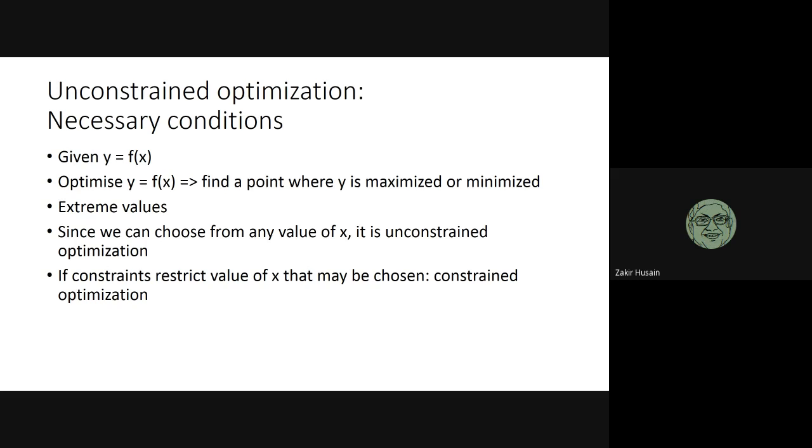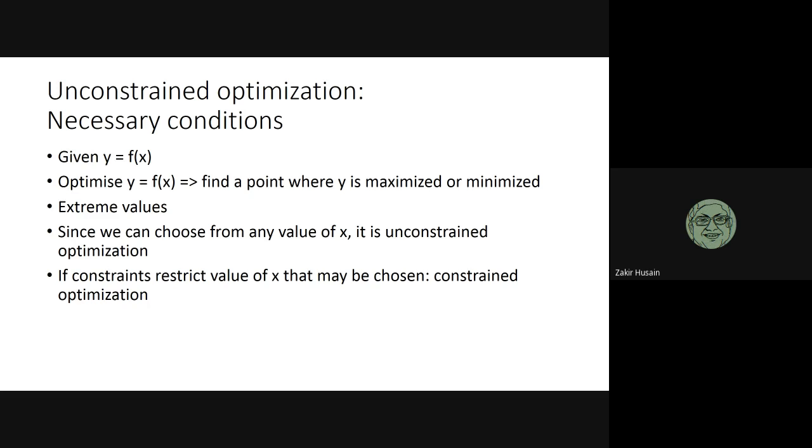Now, we can have two types of situations. One is that we can choose from any value of x. We call this unconstrained optimization. The other situation is when there are certain constraints which restrict the value of x that may be chosen. So I may say that the producer has a maximum capacity.